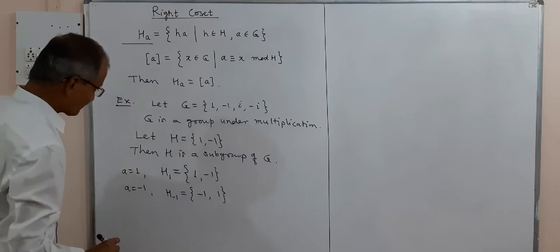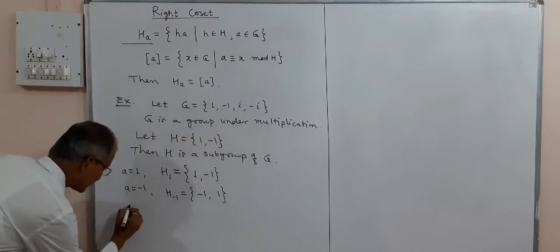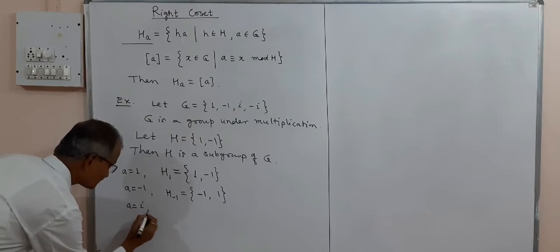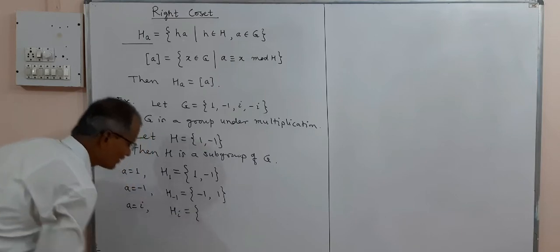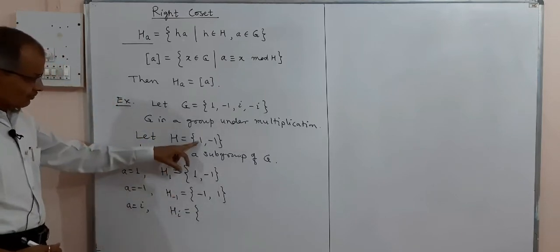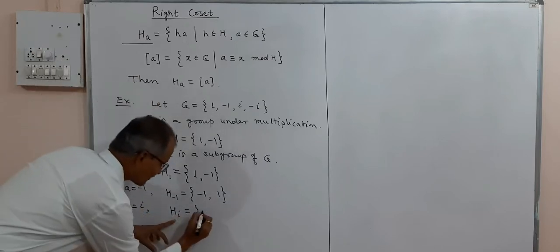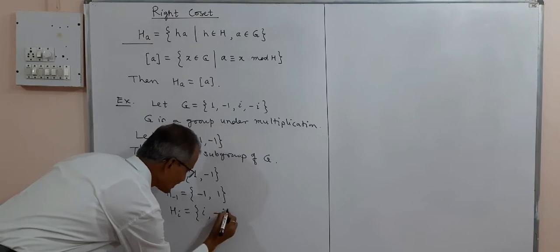Next we will consider the element a as i. So if I consider a equal to i, then the right coset will be Hi. And now we have to multiply the elements of H by i. So 1 into i is i, and minus 1 into i is minus i.